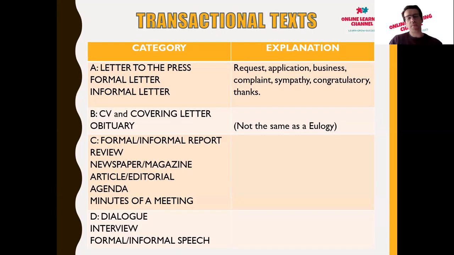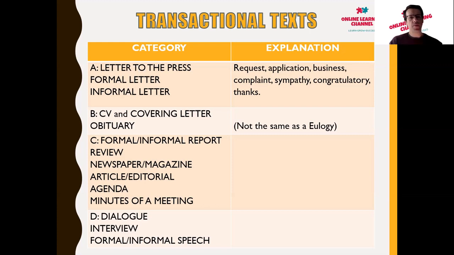Okay, so what we have here is a table of transactional texts that illustrates the different types. On the left-hand column, we have the category of text. So let us go through this list and elaborate. First and foremost, you may come across a letter to the press. This may be in the form of a formal letter or an informal letter.